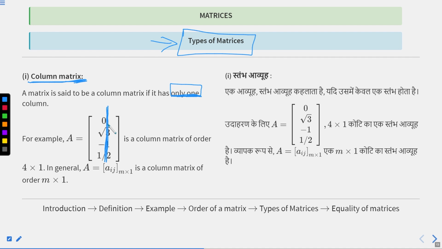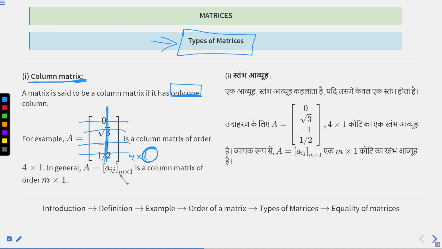In general, if you think of order, what will be its order? As you can see, you have 4 rows, so this means 4 multiply 1. Yes, in a column matrix you will always have 1 here because of the one column.